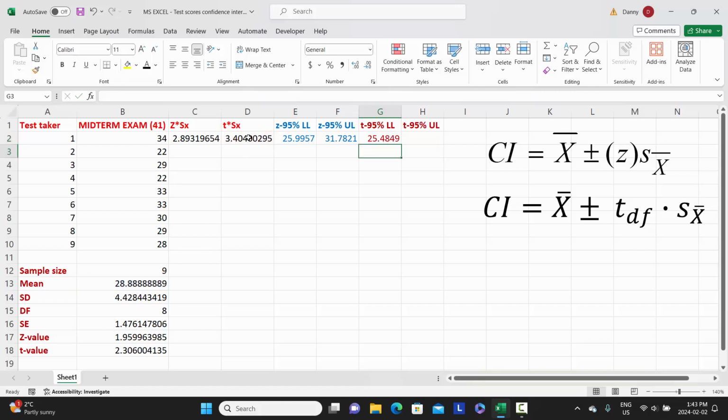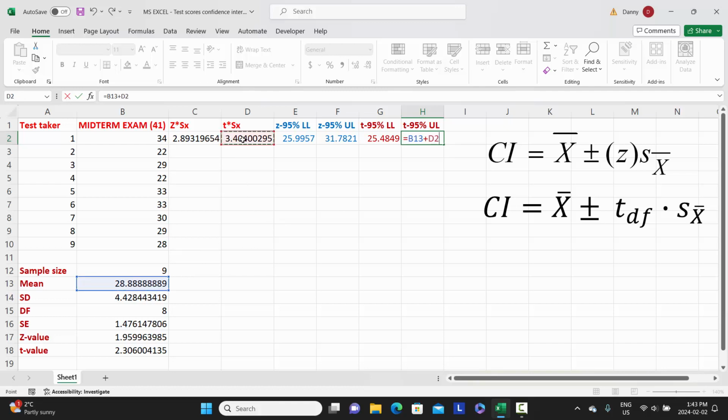I hit enter, and I'm going to repeat that for the upper limit, but I'm going to use the plus instead of the minus. Hit the equal sign, find my average, and this time I add the product of t and the standard error, and we have this value here.